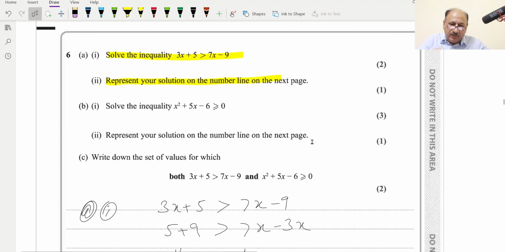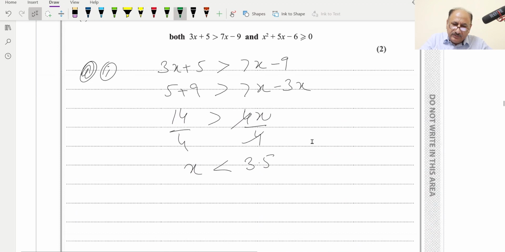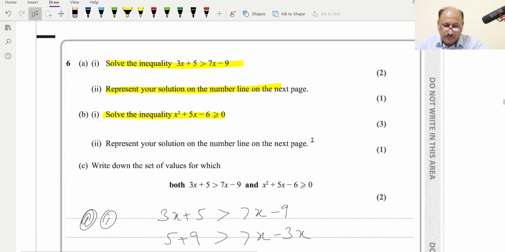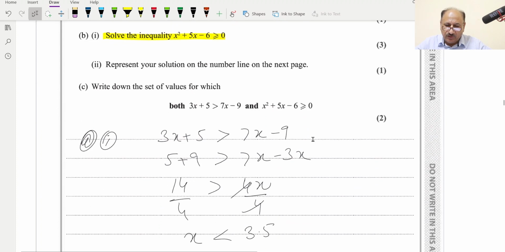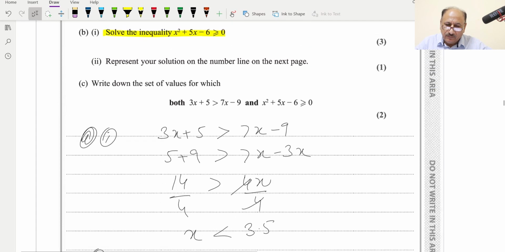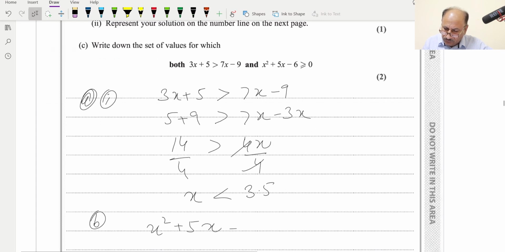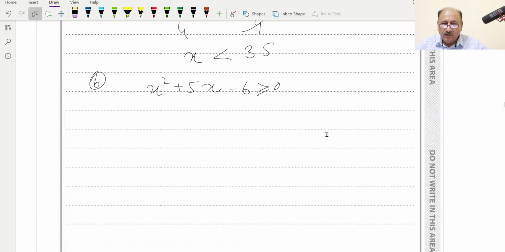Now B part 1, solve the inequality, this one. So B part we can write the inequality. Basically B inequality is what? x square plus 5x minus 6 is greater than or equal to 0, and this is the quadratic inequality which we have to factorize.